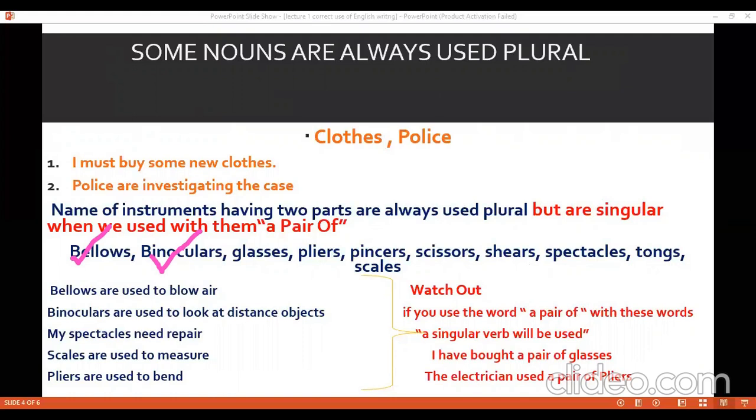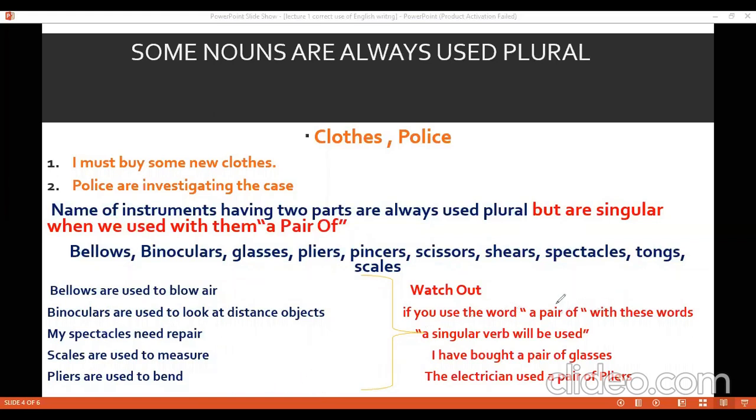Bellows are used to blow air. Binoculars are used to look at distant objects. My spectacles need repair. Scales are used to measure. Pliers are used to bend. They are plural, instruments having two parts are plural.